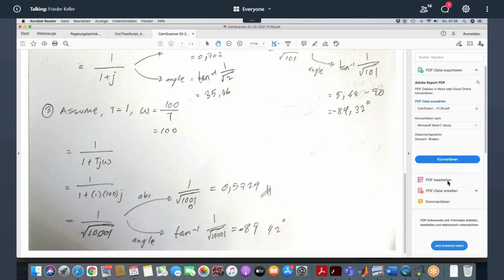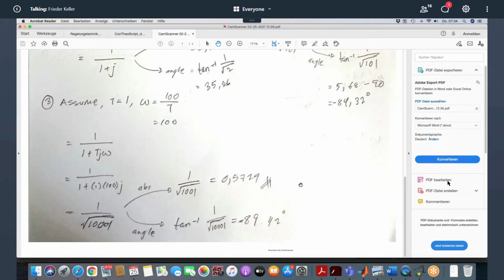That must be 10,001. Yes? And here you've only written 1001. No? Because 100 times 100 gives 10,000. And so there is a 0 missing here. That explains why that gets wrong here. But in principle, you have been on a good way here.